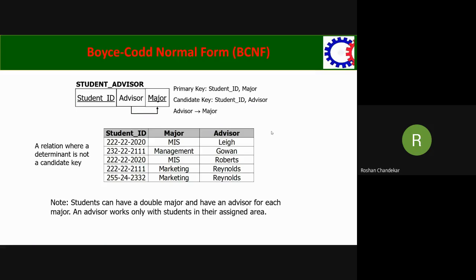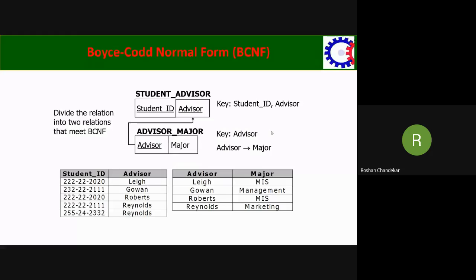If my major is MIS, whose advisor is Lay, whose ID is 222222020. Now in marketing, two different student IDs are there. So we can convert this table into BCNF in the above way.